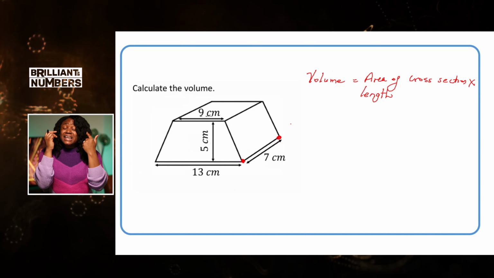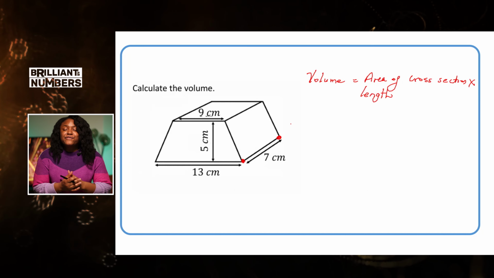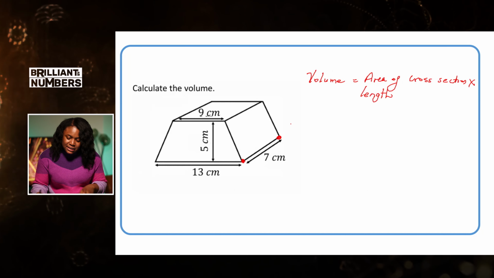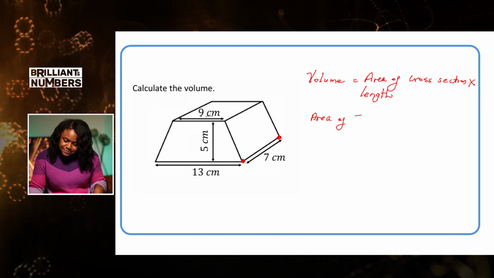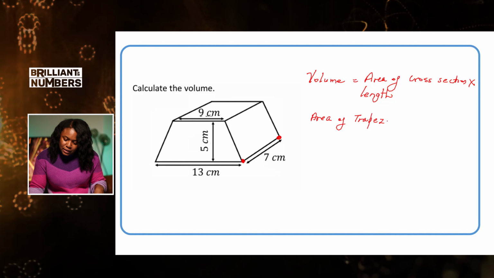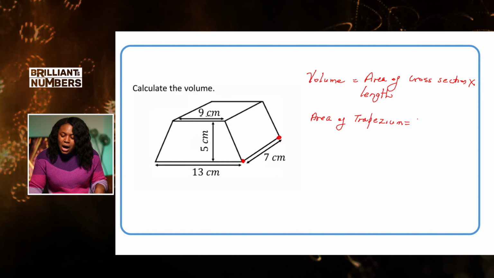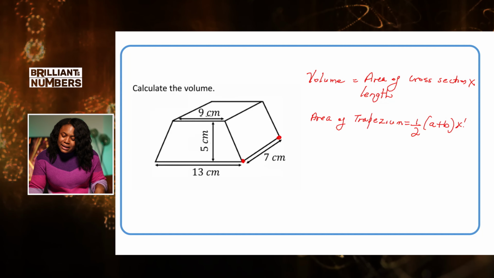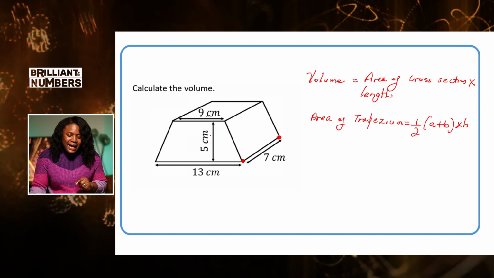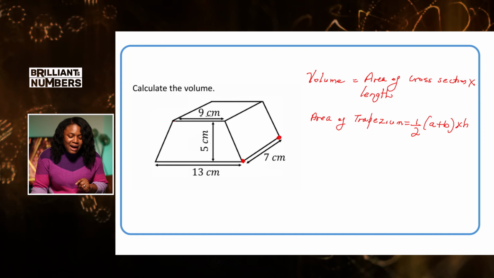So again, I need to be able to recall the formula for the area of a trapezium. So let's go. Area of trapezium is equal to half A plus B multiplied by the height, where A and B are the parallel sides.